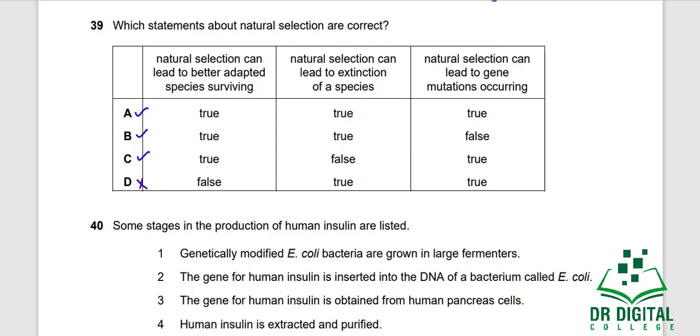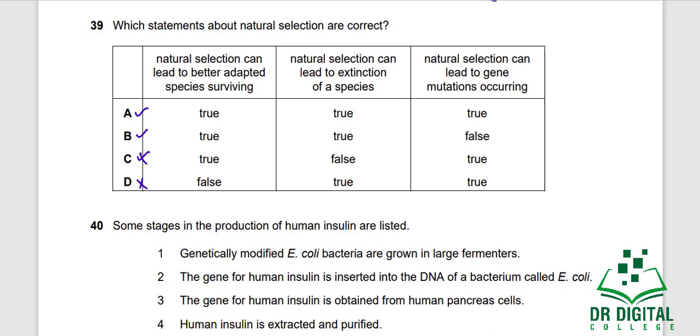Yes, natural selection can eliminate some of the species while others develop. As new species evolve, the old species can become extinct. So C is saying that this is not possible, so C is wrong. A and B can be the possible answers. Natural selection can lead to gene mutation occurring.